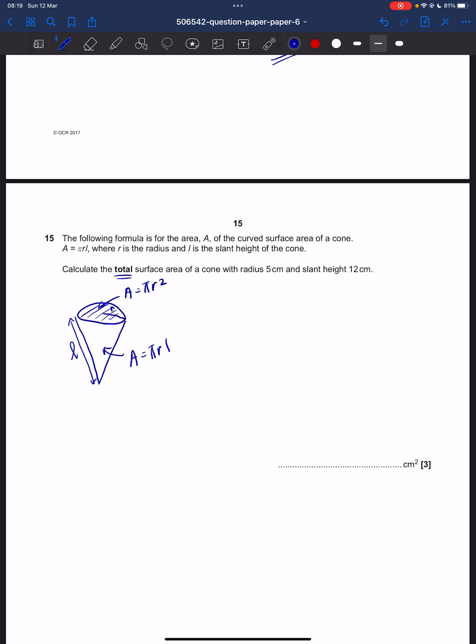So the total area is pi r squared plus pi r L. So it's pi, and r is 5 squared, pi times 5, and the slant length is 12.